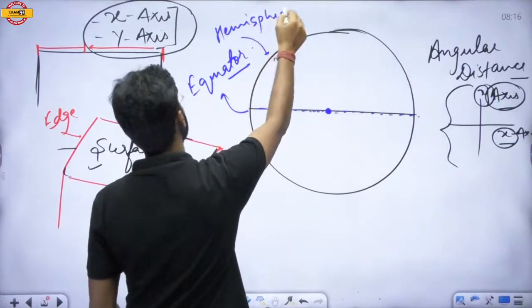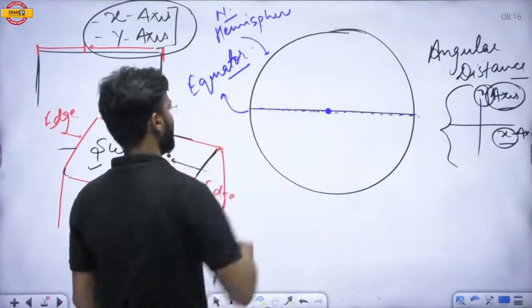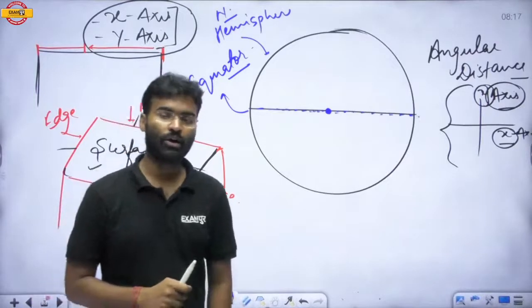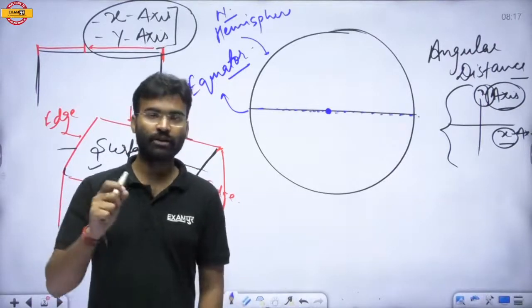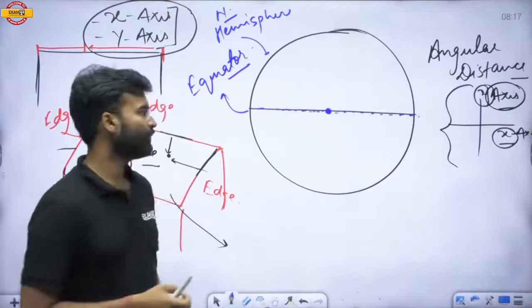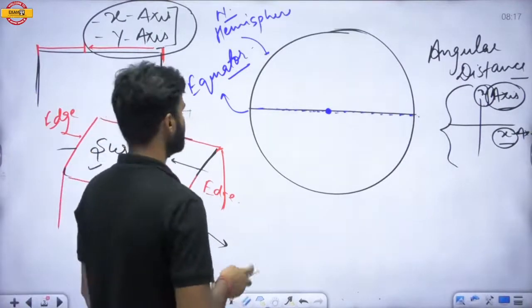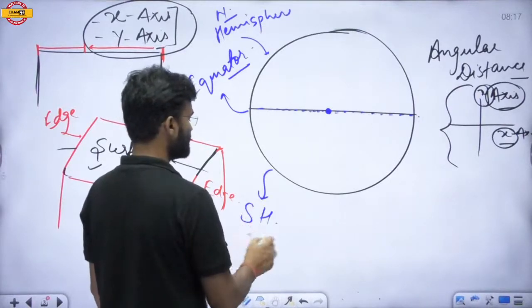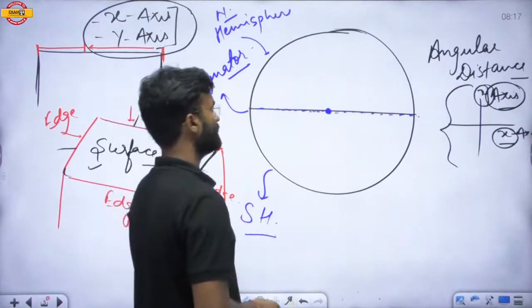So this line, moving on the surface around the center of the earth, equally divides the earth into the northern hemisphere and the southern hemisphere. So this is the equator.